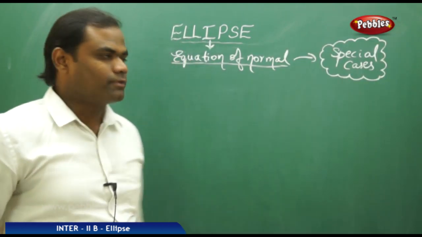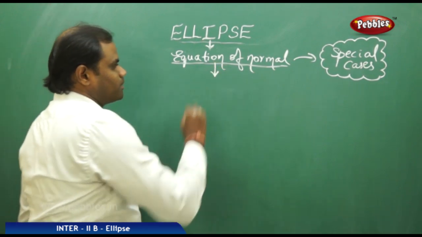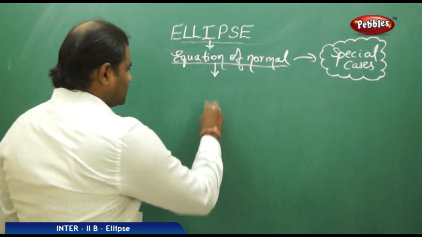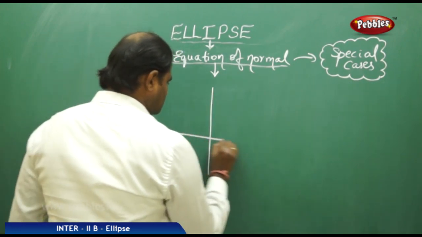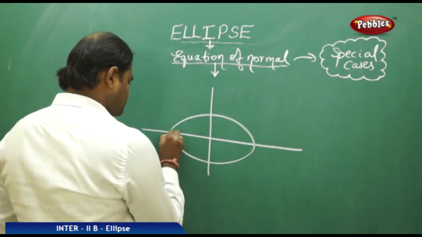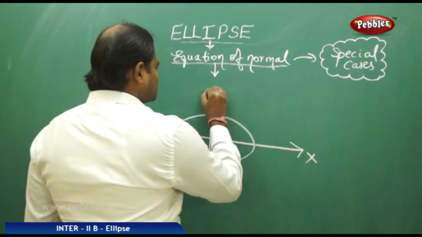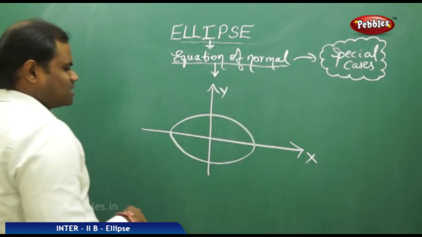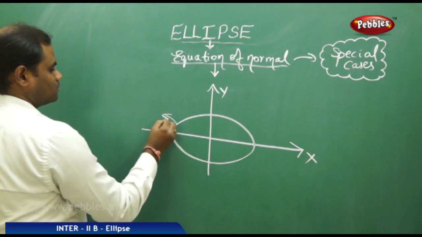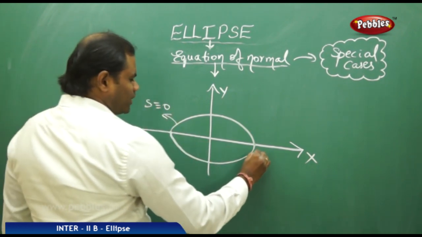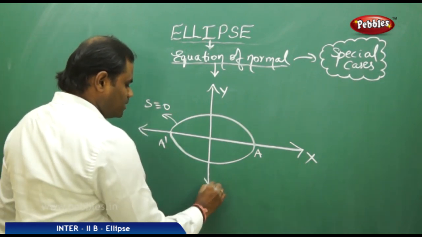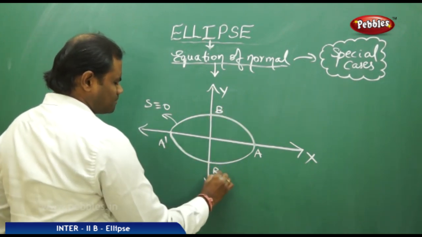Now here it is very important to note that there are two special cases for the equation of normal. Say, for example, I have the ellipse in standard form S = 0, with four extremities: A and A dash, and B and B dash.